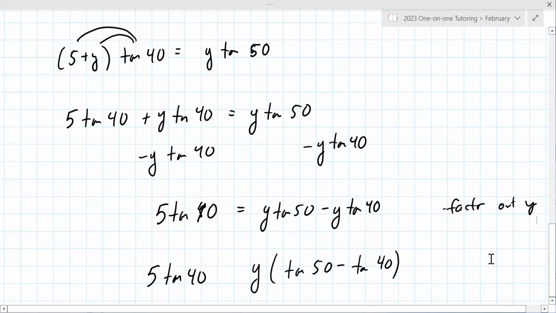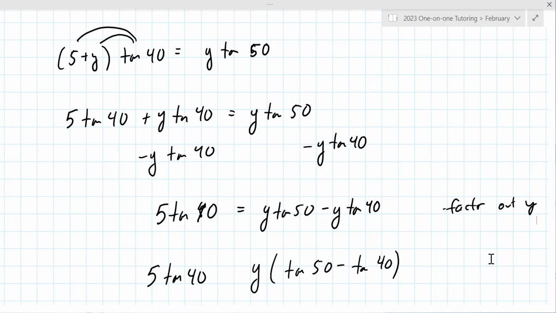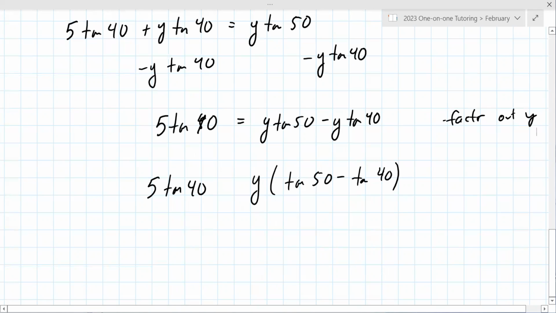Okay, so let me know when you get caught up to this step because we're basically done. You just have to divide and then put it in the calculator. Okay, so we divide both sides by this tangent 50 minus tangent 40.